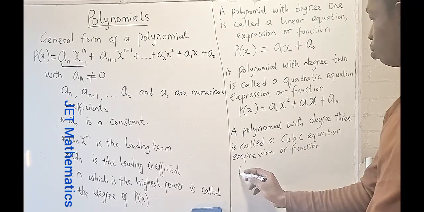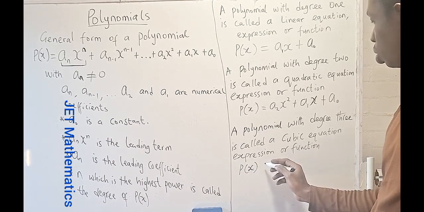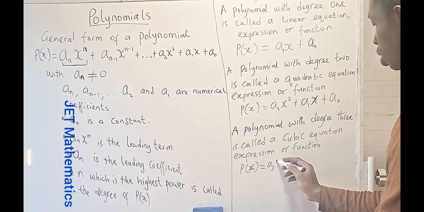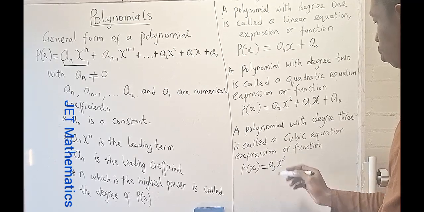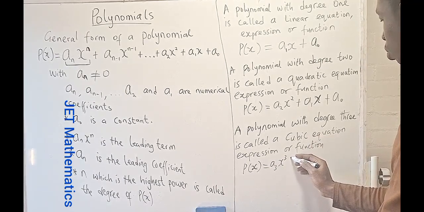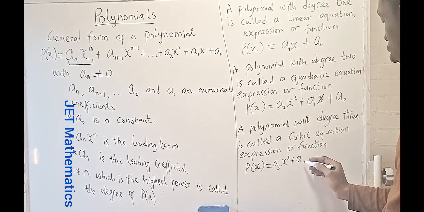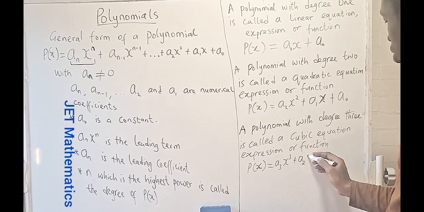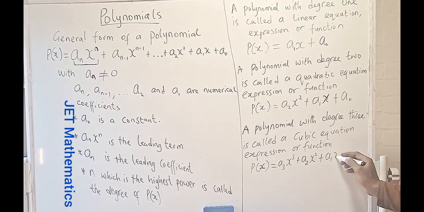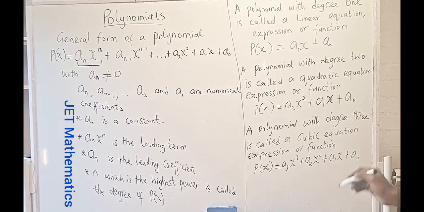So it has the form p of x equal to a_3 x raised to the power of 3 plus a_2 x raised to the power of 2 plus a_1 x plus a_0.